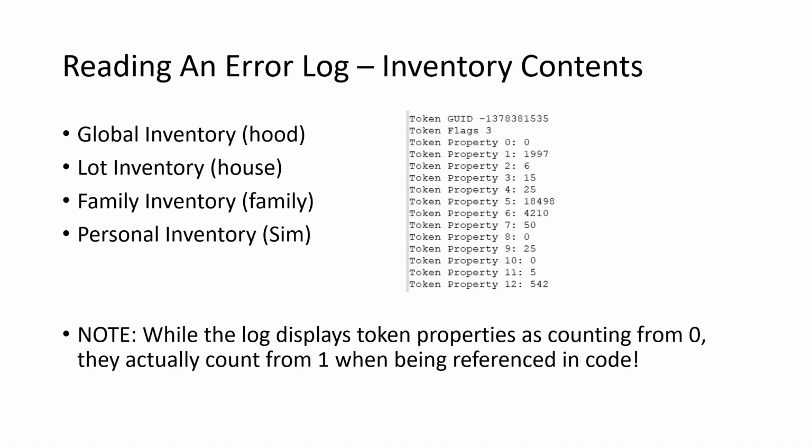It then gives you the inventory contents: a global inventory, which is not global, it's actually for the hood. The lot inventory is for the house, the family inventory is for the family, and the personal inventory is for the sim, so you can find out what the sim has in their backpack. You can look at tokens, you can look at memories and things.